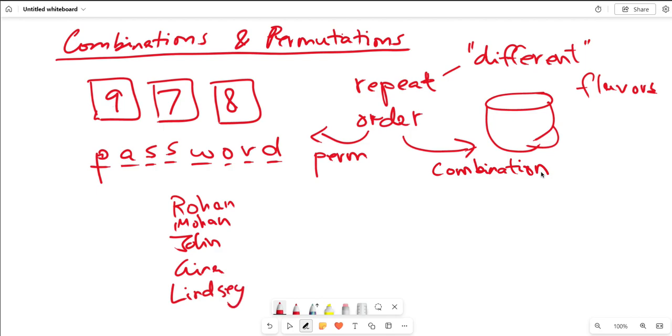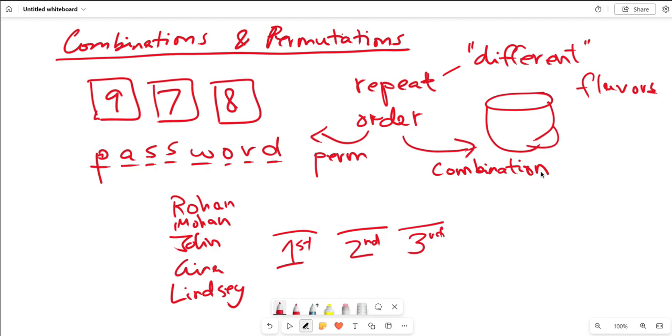And you were going to place these 5 students in a race, and then they would get first, second, and third places. Then can they repeat? The answer would be no, right? Because one person would not be able to take 2 spots. So Rohan can't be first and second, for example.